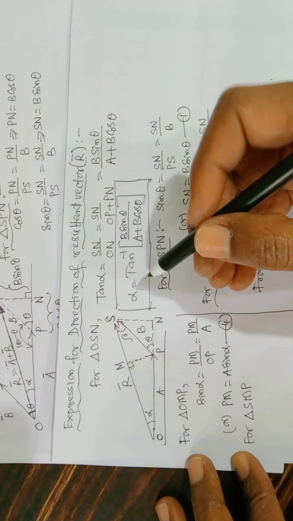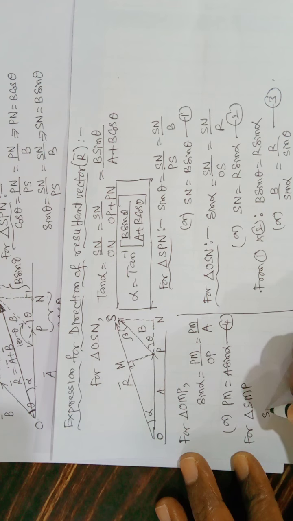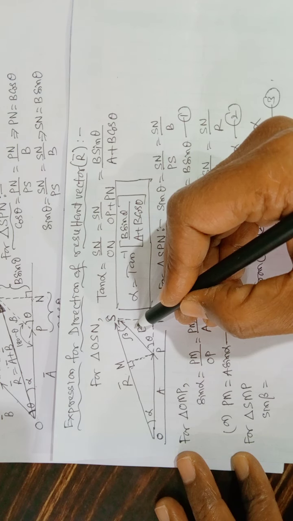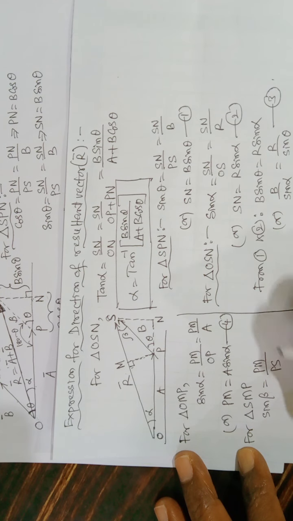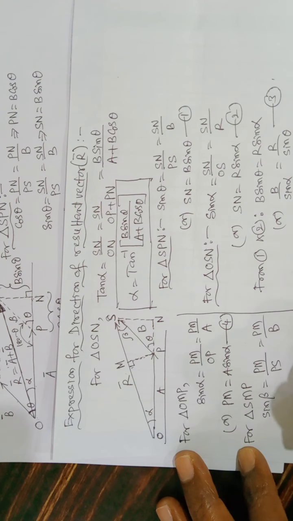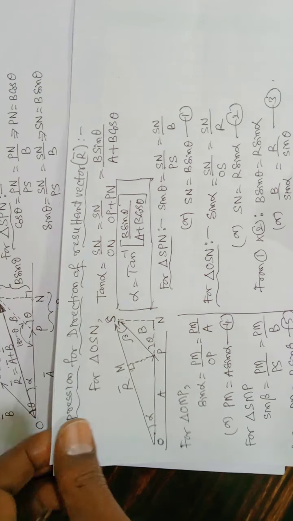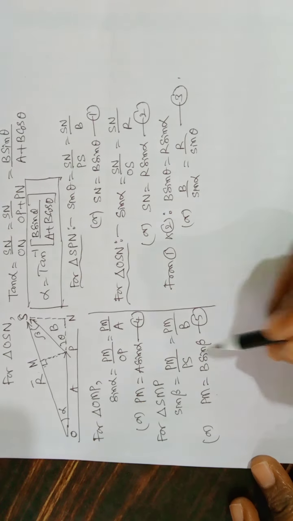For right angle triangle SMP, let me write sin beta, which means opposite by hypotenuse, PM by PS, and PS means B. So from this we can write PM is equal to B sin beta. Now looking at the two equations, the LHS are the same, therefore the RHS must be the same.